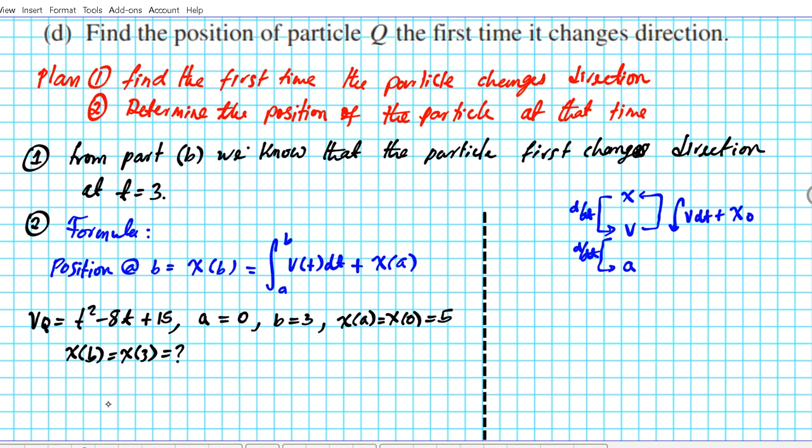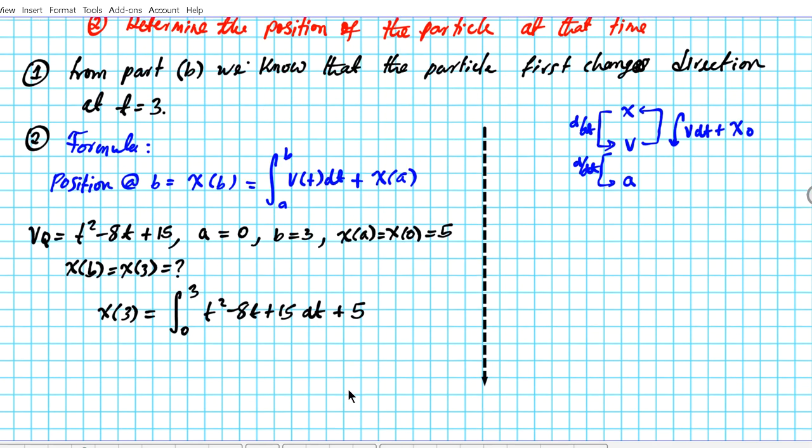Okay, so let's set it up. x of 3, using the formula above, is equal to the integral from the lower bound 0 to 3 of the velocity function t squared minus 8t plus 15 dt. And please do not forget to add this piece, x of 0, which is 5, your initial position. Very important. All right. Okay, so let's go ahead and integrate this. We're going to be using FTC 2 right now.